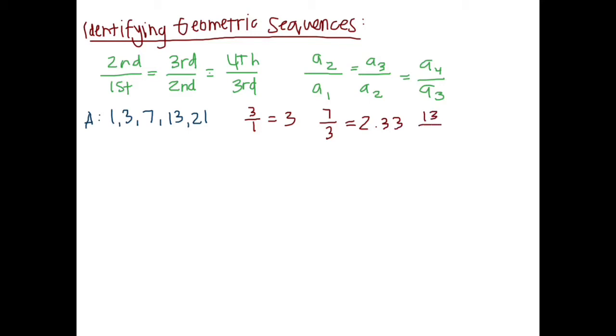We already know it's wrong, but let's just go on and do the fourth term divided by the third term, and that's 1.857. So we have 3 different ratios here. They are not the same, so that means we have no common ratio.